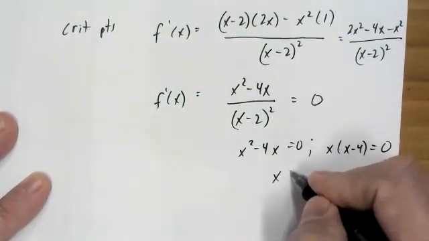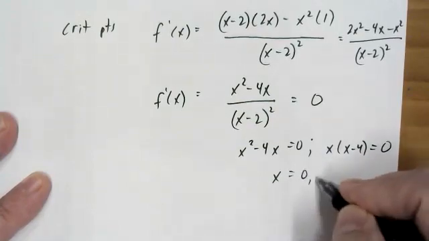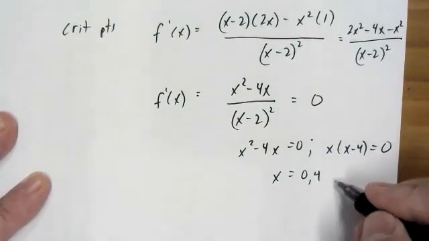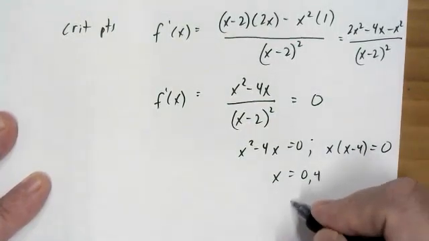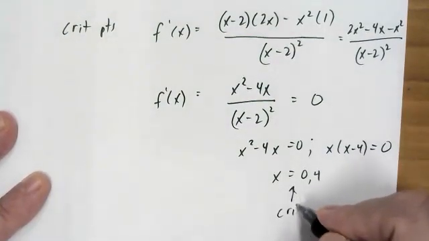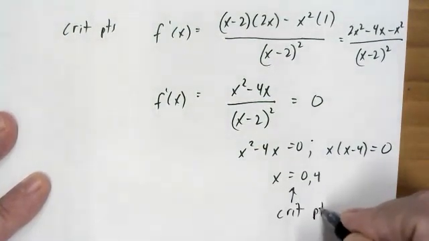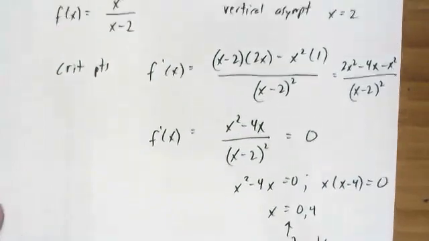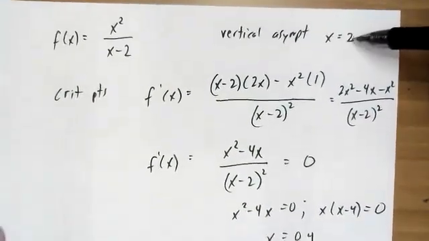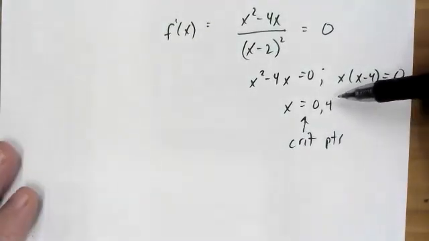So it looks like I have two solutions, 0 and 4. So those are my critical points. So I have a vertical asymptote and two critical points.